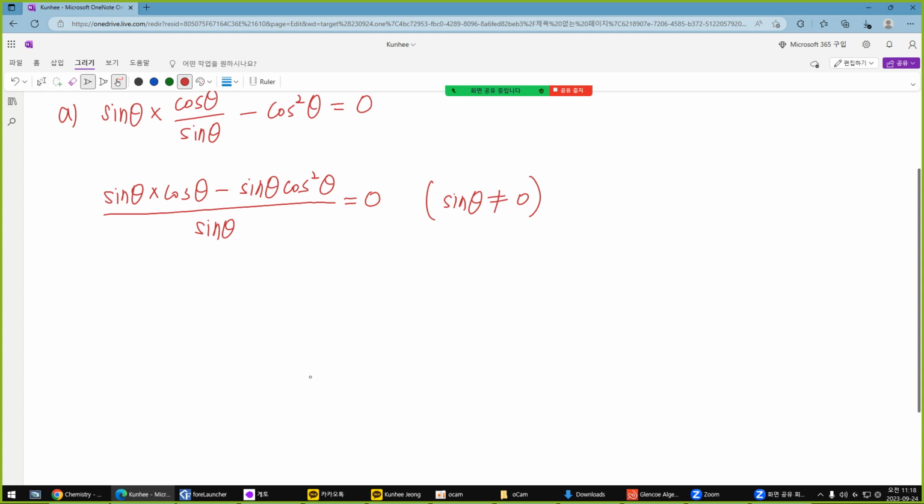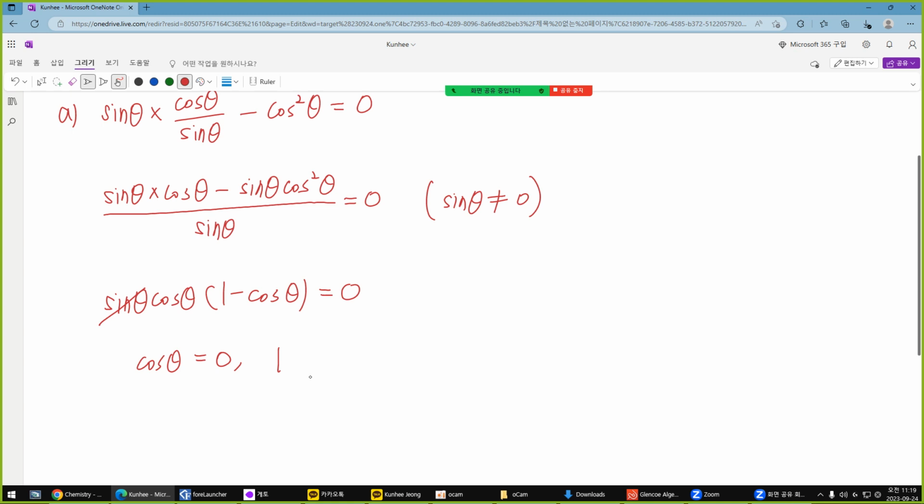So if we factor the numerator, we have this factoring. But because sine theta cannot be 0, we don't have to think of this one. That means cosine theta is 0 or 1.